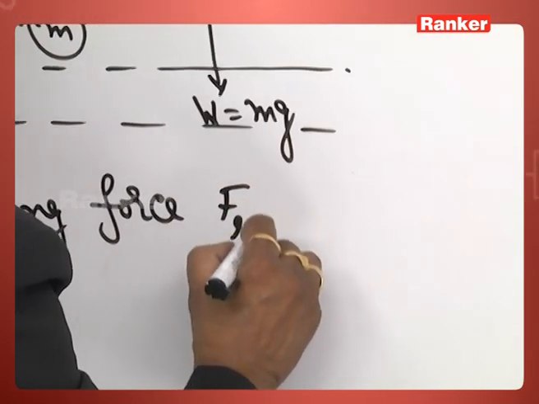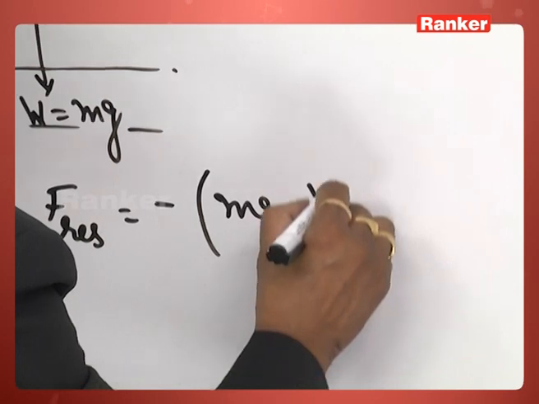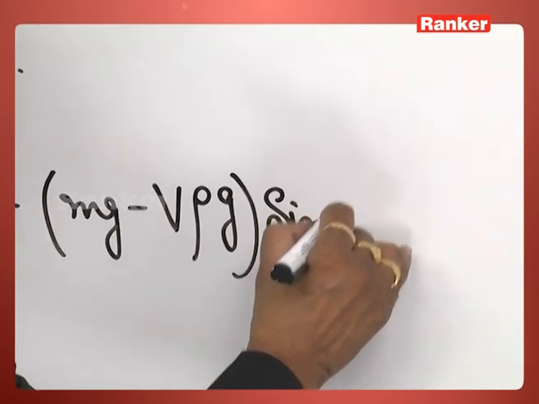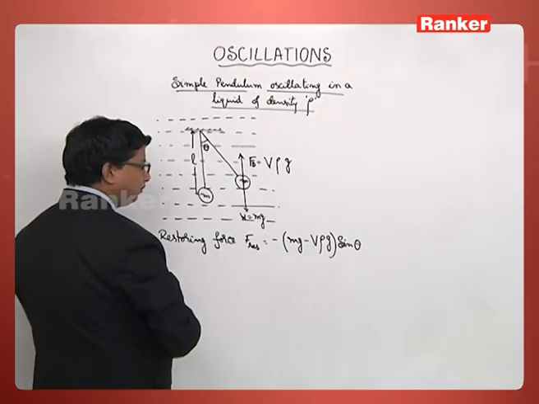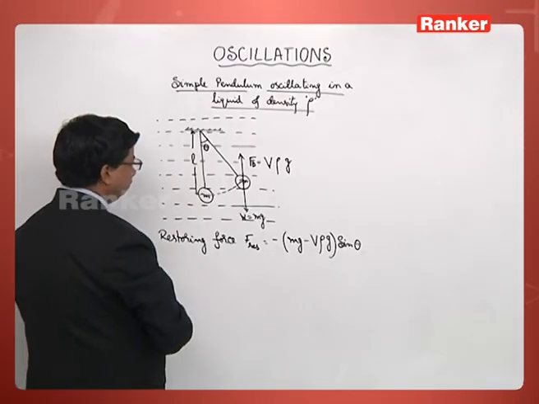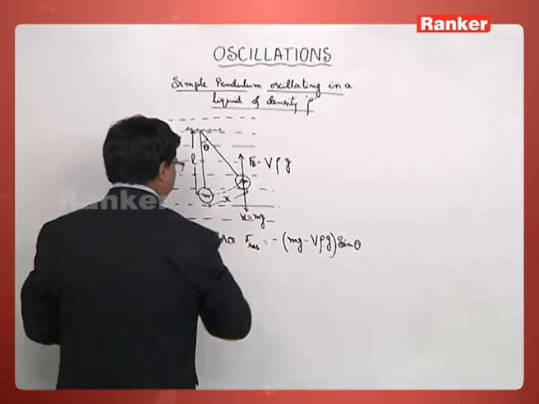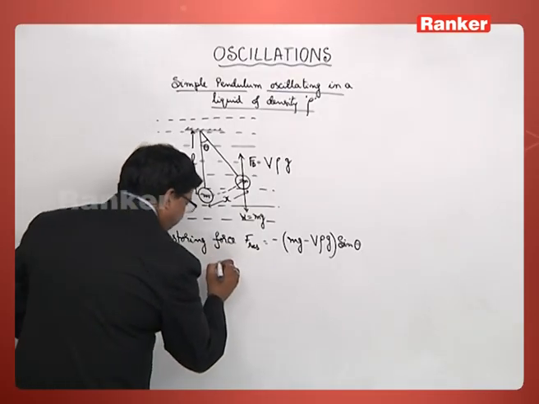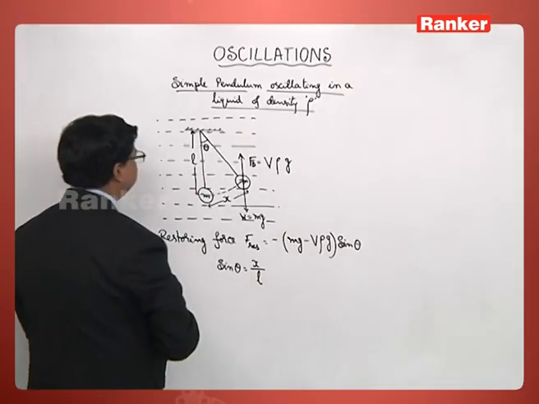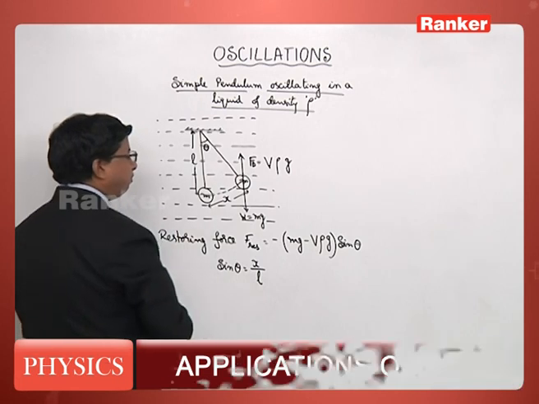That restoring force I can write this way as mg minus V rho g, sin theta. But you definitely can understand when this angle is very small, and if I take this displacement of the bob as x, then I can write sin theta as x by L. So L is the length of the pendulum and x is the displacement of the body.